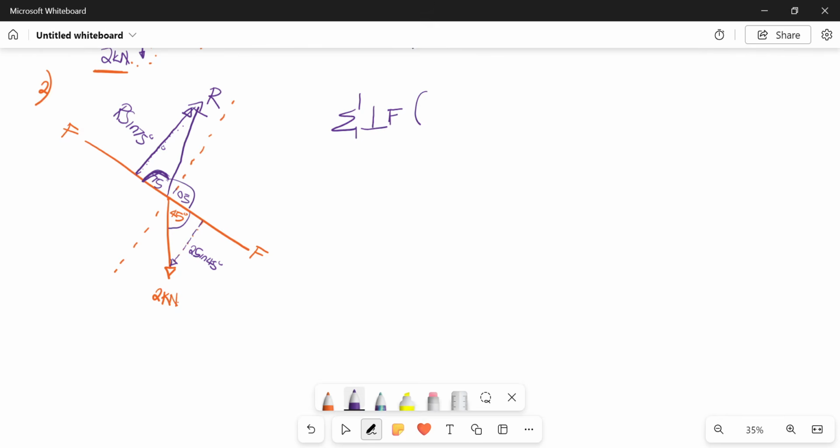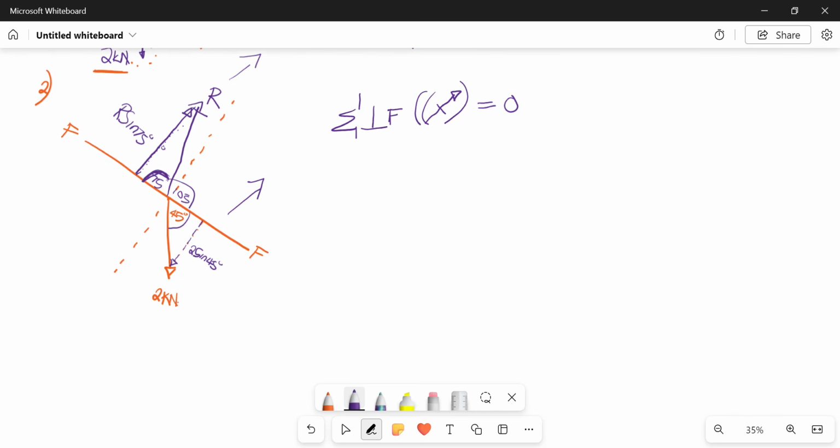You could say this way is positive. It's slanting a bit because our diagram is not completely straight, but it is still perpendicular to your F. Then you need to equate the algebraic sum to 0.